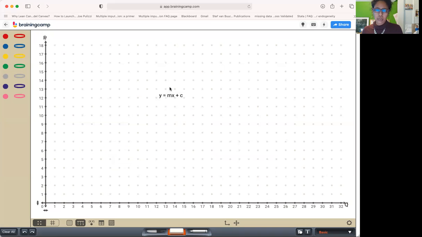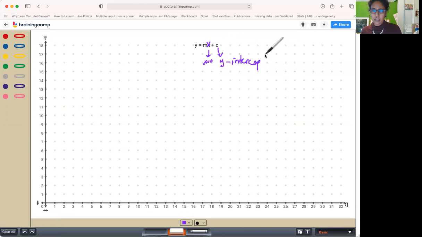So in the y equals mx plus c format, the c is what we call the y-intercept. When x is equal to 0, this part disappears. And so this part is going to be on the y-axis, and so it's called the y-intercept. So if I put this here, then I would know that the y value when x is equal to 0 is 15, and my y-intercept would be 15.